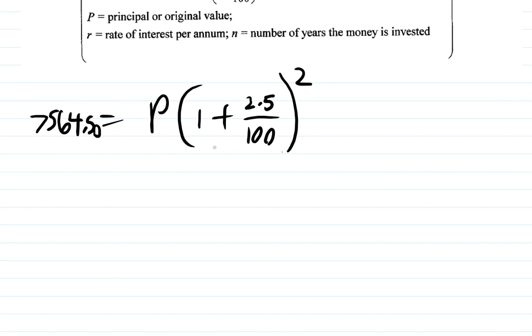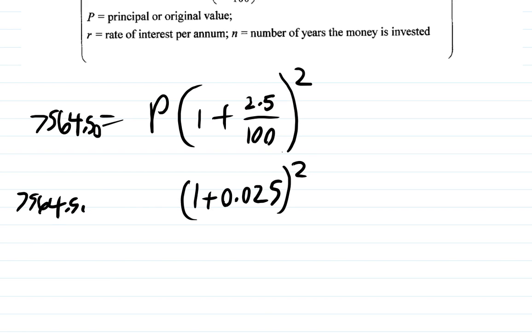Now, 1 plus 2.5 over 100 is 1.025. That's 1, 0, 2, 5. And that will be squared. So that means $7564.50 equals the principal times this.